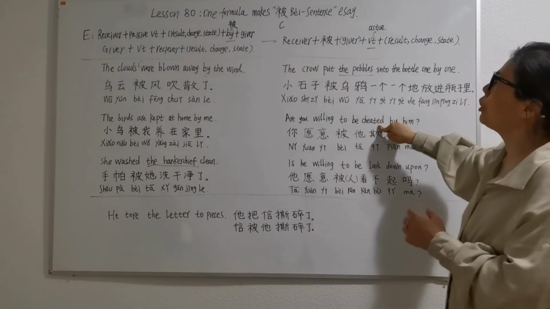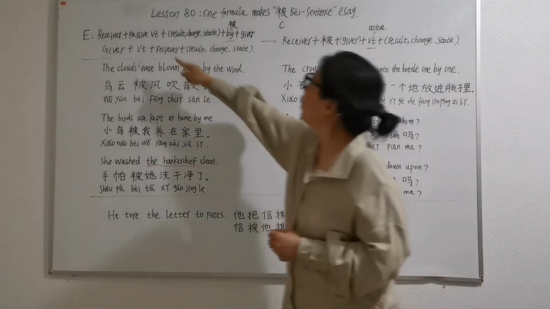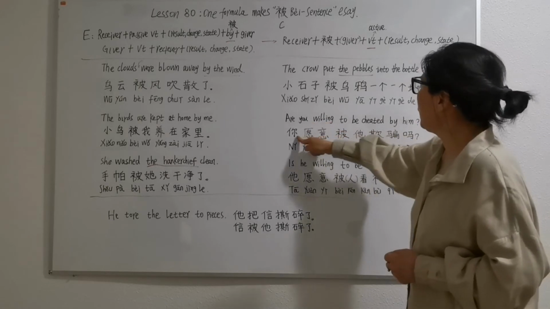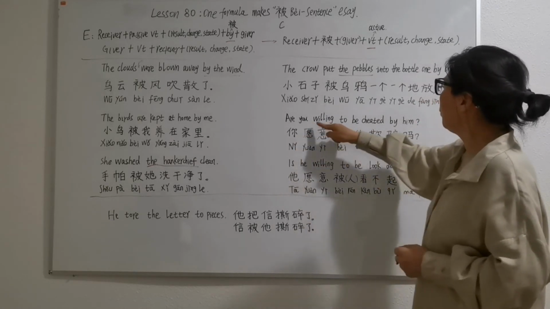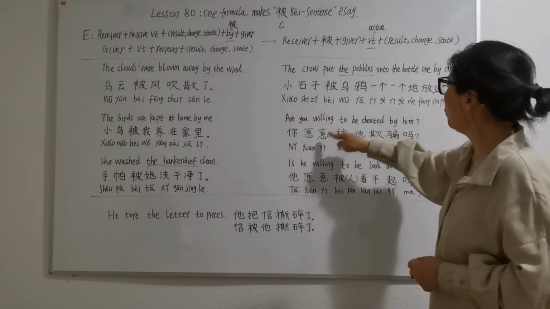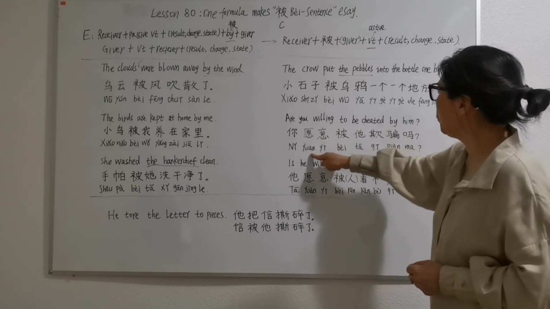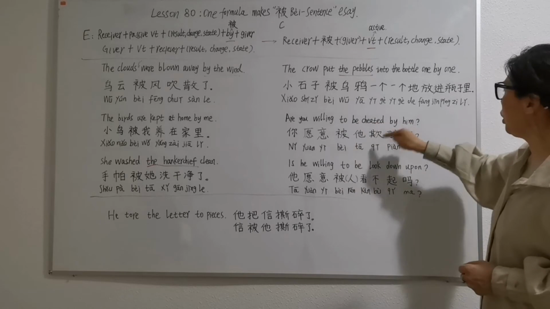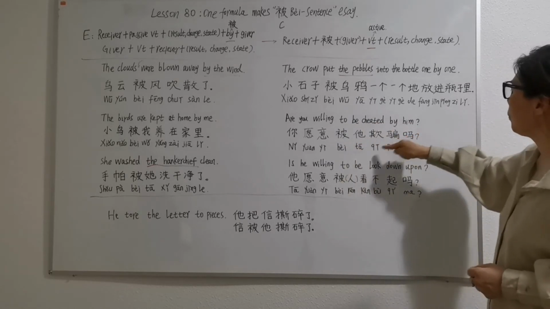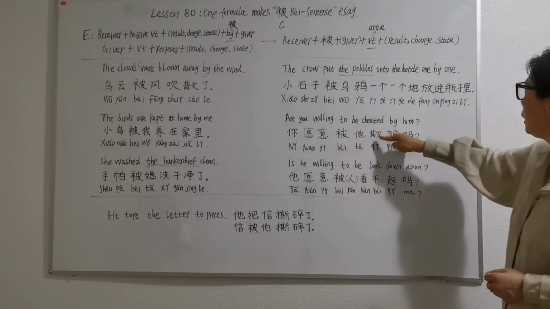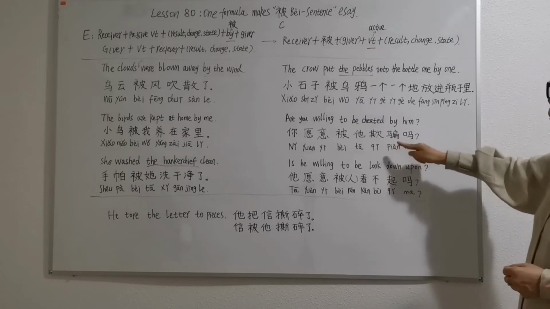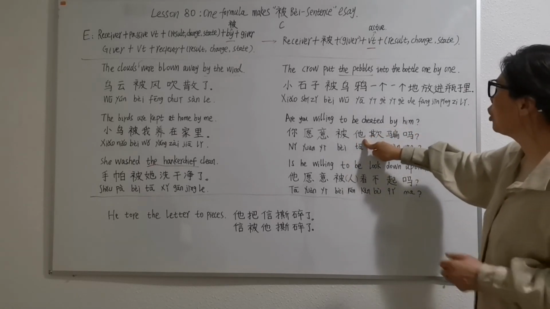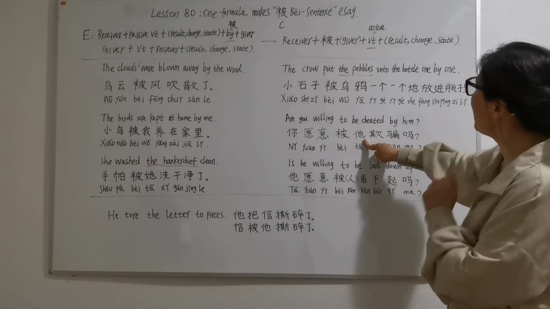Cheated itself is a verb and the result. You 你, are willing to 愿意, to be cheated 被欺骗, by 被, him 他.